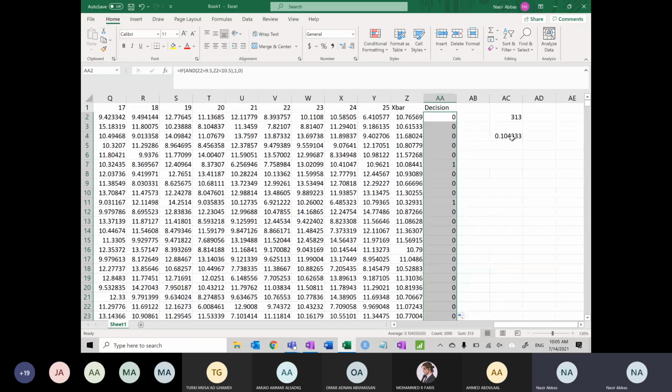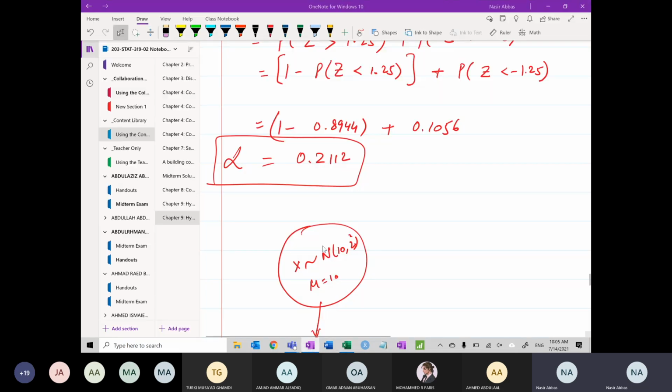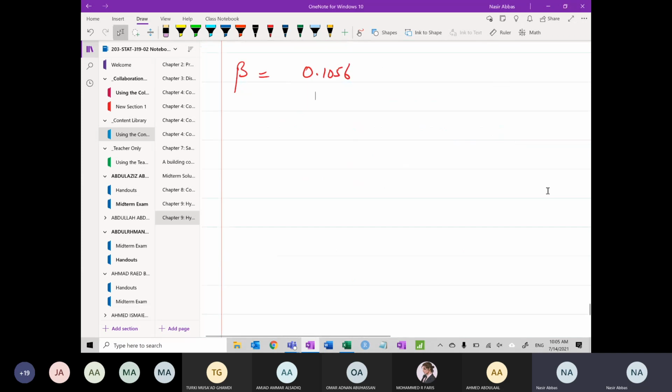I'll try to see the same thing. Look at this: 313 times out of 3,000 I was unable to reject H0, and that is 10%. That corresponds to this 10%.